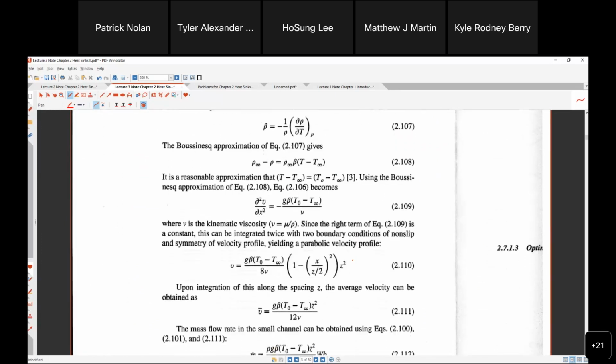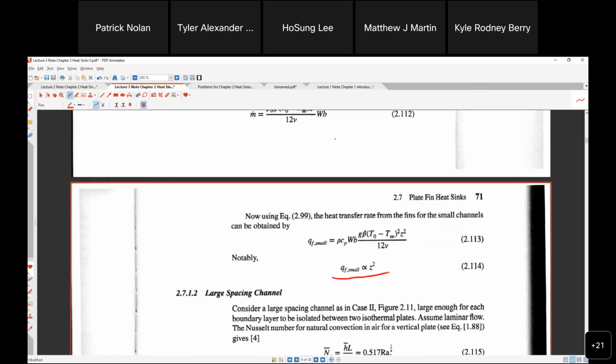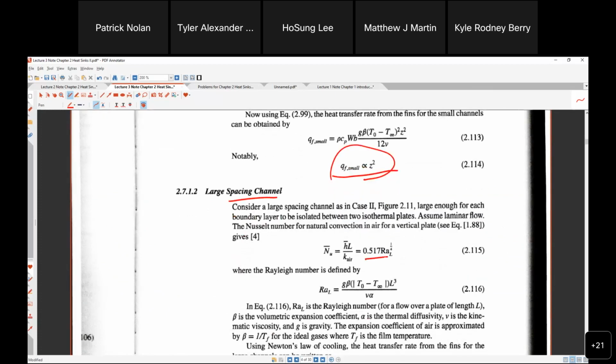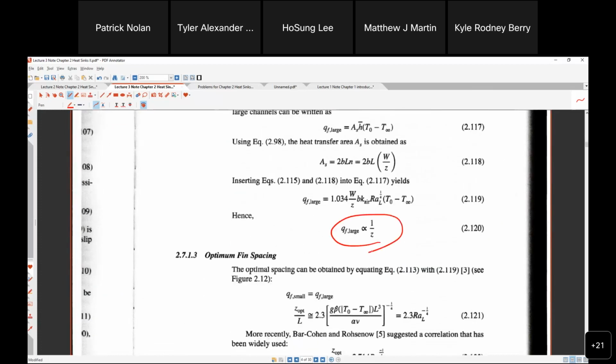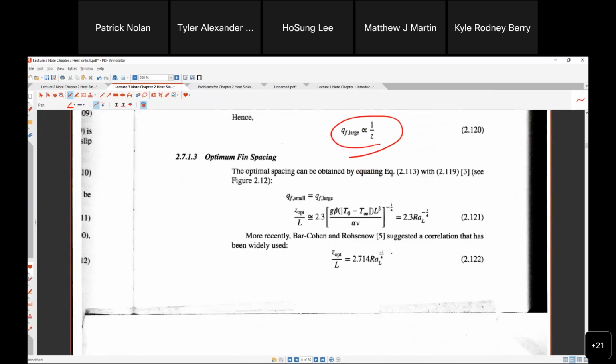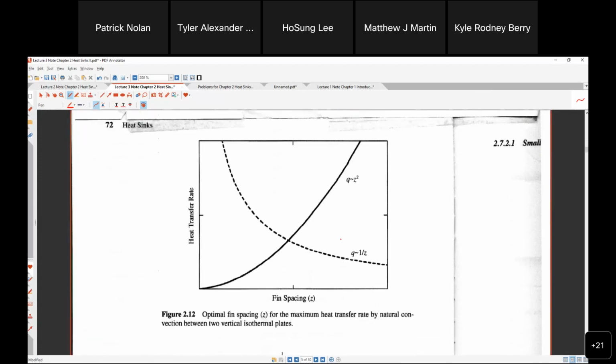And the small case, we figure out is proportional to the square of Z. For large, you know, for 157, I figure out G is inverse. So that is very interesting. Two phenomena.